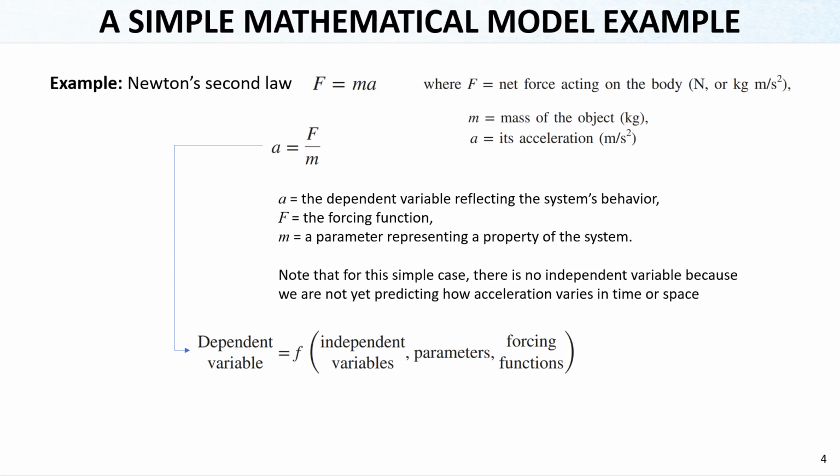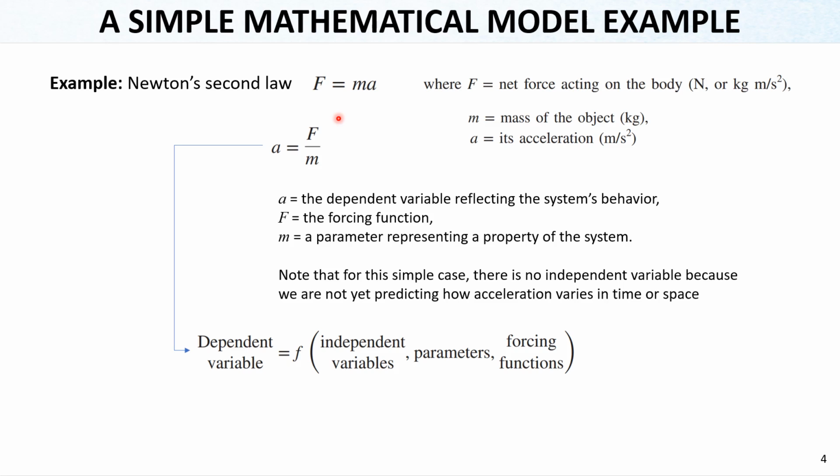But here we need to convert it to a mathematical model representation scheme. At the bottom, I put the representation of the mathematical model, and we need here an f function with independent variables, parameters, and forcing functions, which gives us a dependent variable. In this formulation, the dependent variable is the acceleration.